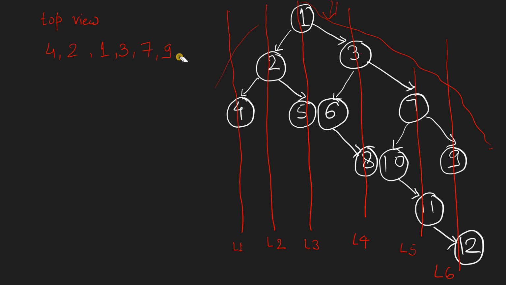So if you see all these vertical lines, on L1, how many nodes are mapped? 4 is mapped. On L2, 2 is mapped. On L3, 1, 5, and 6 are mapped.